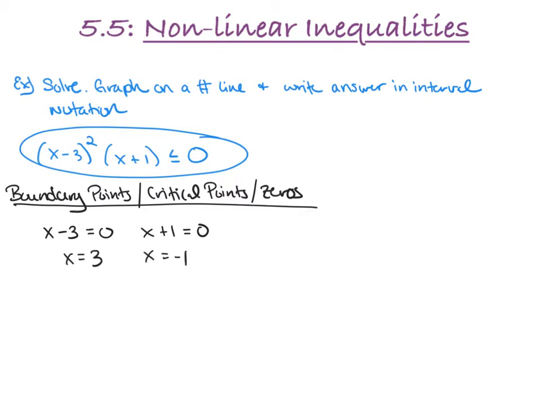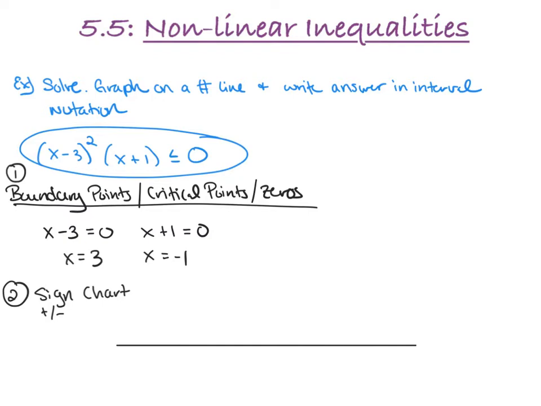So while our first step will be to find the boundary points, the second step will be to create what we call a sign chart. Sign meaning plus or minus sign. So here's what a sign chart looks like. I'm going to graph the number line, and on it, I'm going to label the boundary points, negative 1 and 3.